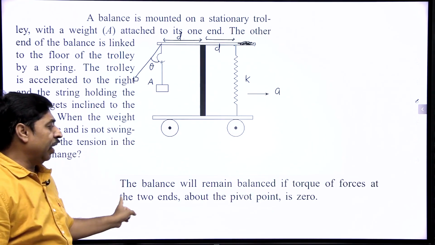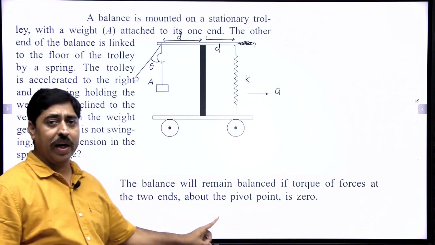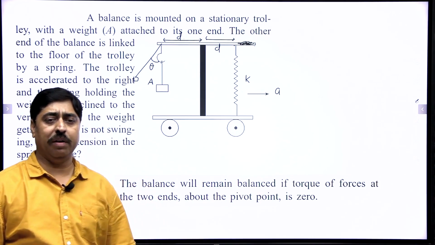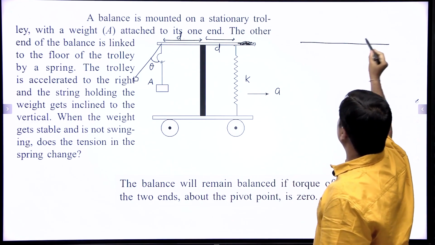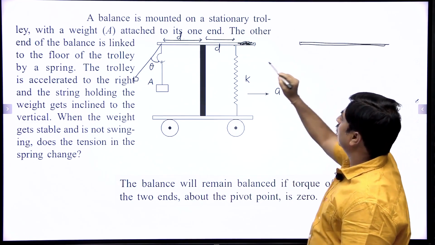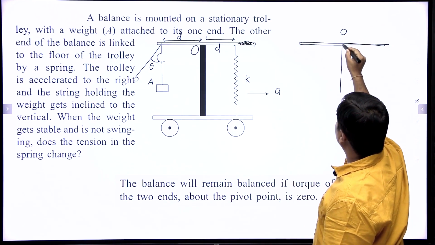The balance will remain balanced if the torque of forces at the two ends about the pivot point is 0. This balance, this physical balance, let us say this point is O, it is pivoted here, right?